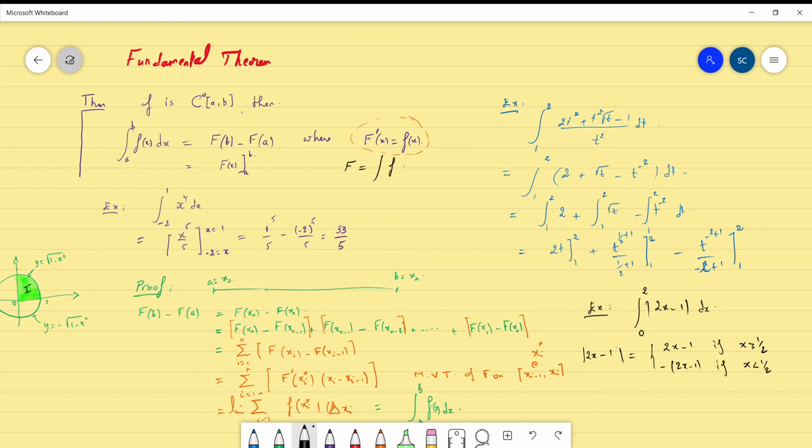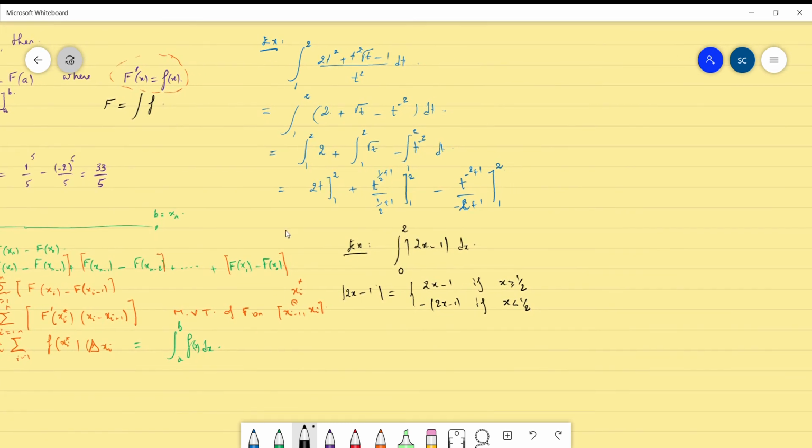Okay, so since I'm working from 0 to 2 and 1 over 2 is between, I need to separate my integral and write it differently. If I call it g, then g will be the integral from 0 to 1 over 2 of minus (2x minus 1) dx, plus the integral from 1 over 2 to 2 of the function 2x minus 1 dx.